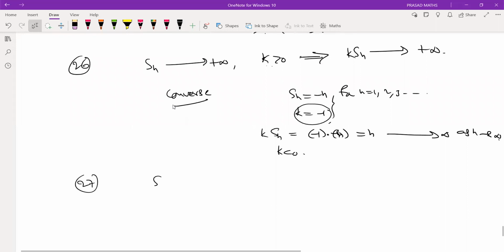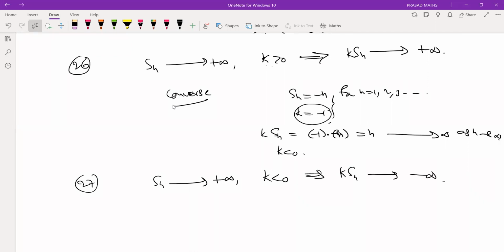Similarly, if Sn diverges to plus infinity, whenever k is negative, k into Sn diverges to minus infinity. Again, the converse may not be true.